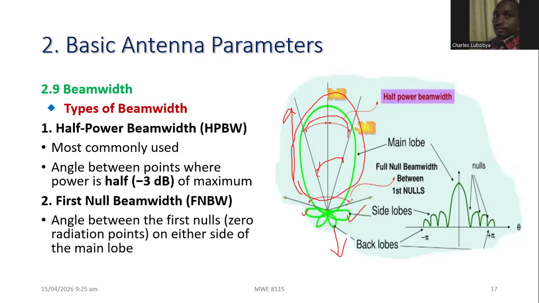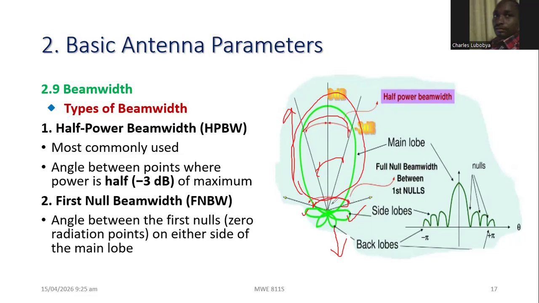Then you can also measure from the side lobes, right? From these side lobes, the minimum part there, that angle between the side lobes and the main lobe. So it is the angle between the first nulls, or zero radiation points, on either side of the main lobe.